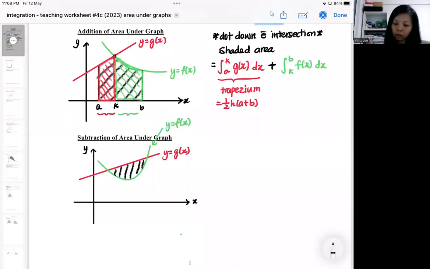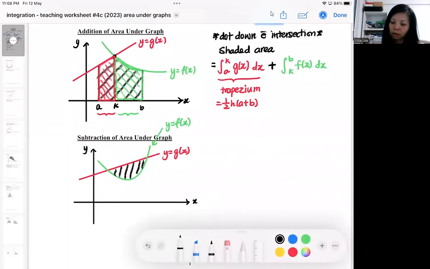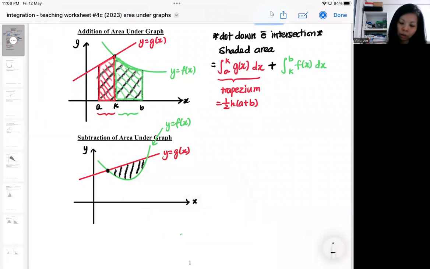When the shaded area is hanging in the mid-air, again, the first thing you do should be to dot down the intersection. Usually the question will ask you to find the coordinate of the intersection first. Usually after your simultaneous equations, you will be able to find the intersection point.